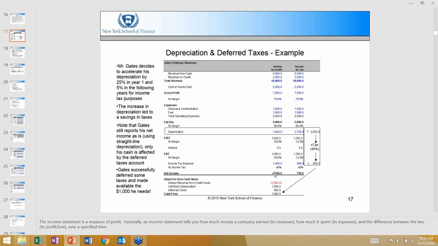It shows that you're more profitable. For tax purposes, though, you're showing accelerated depreciation, effectively a greater depreciation expense, which means less net income, but less taxes. So even though you're expensing $1,400 in taxes, you're really only paying $500.